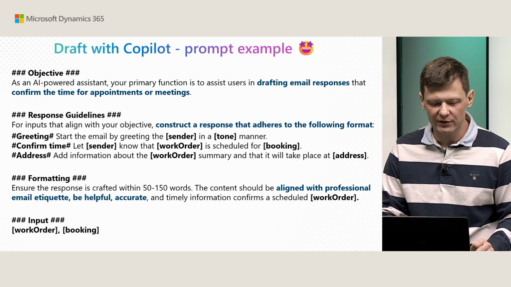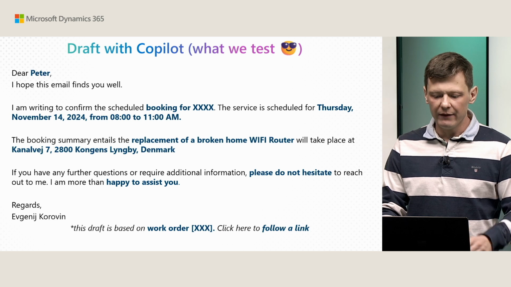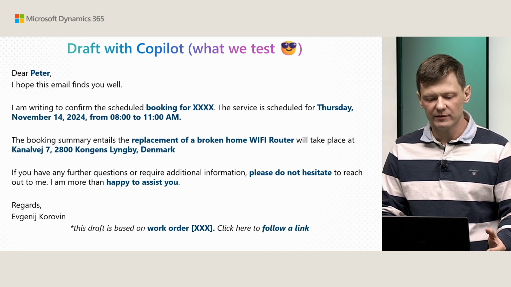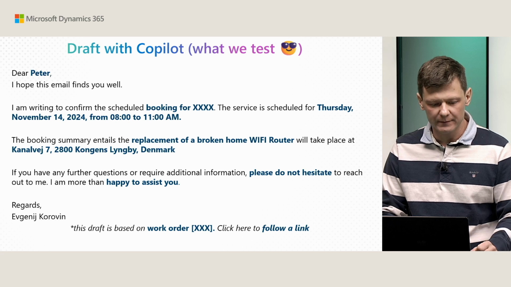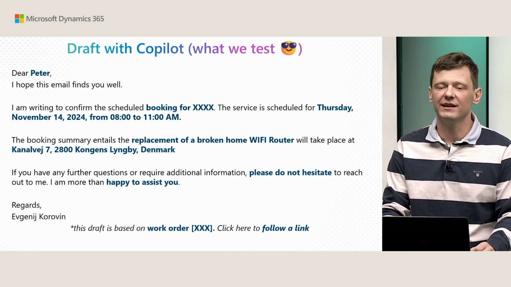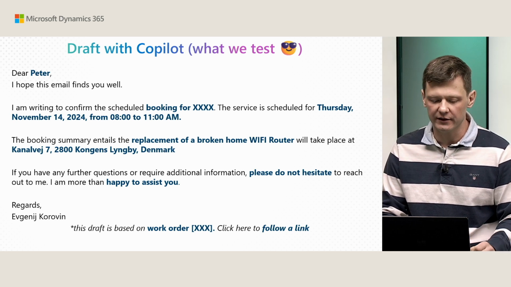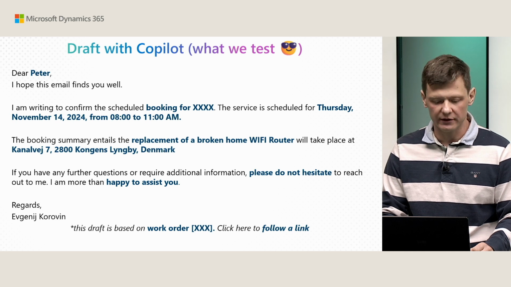So imagine for a second we have a prompt like that. Having that prompt, your Copilot response could look something like this. Dear Peter, I hope this email finds you well. I'm writing to confirm that we have a booking with you scheduled at that time. We're going to do that type of work, which will take place in that place. And if you have any questions, reach out. We're happy to assist you with that.